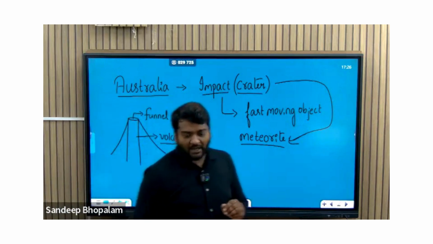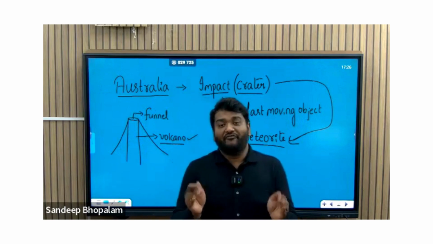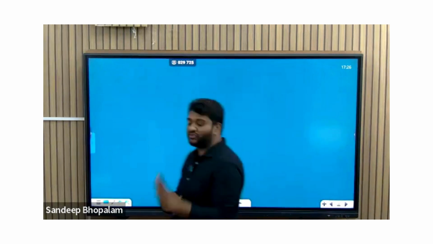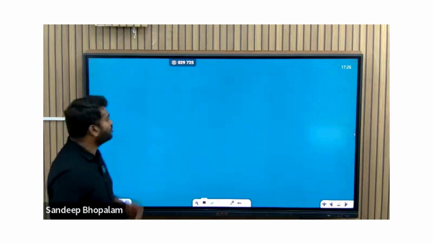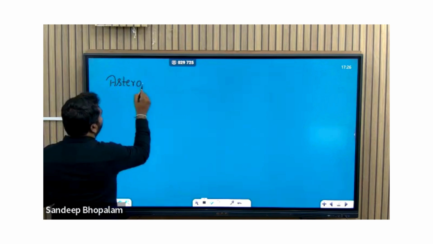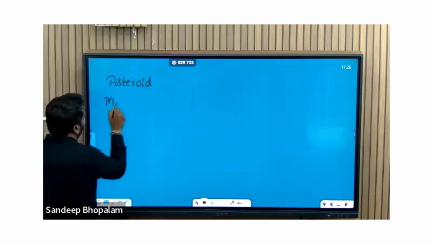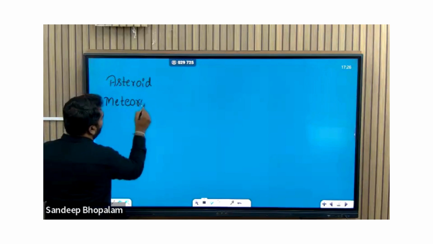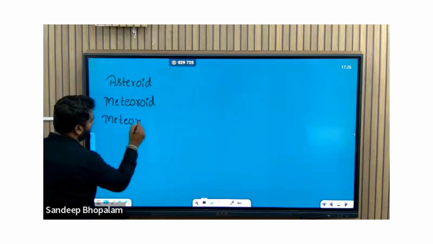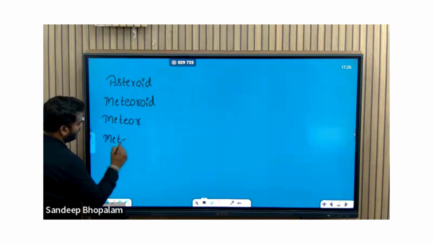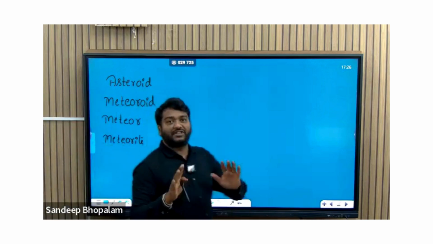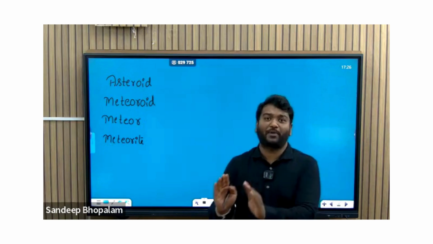Second important aspect, these craters, when they are formed from meteorite, I want you to know at least 3 to 4 times UPSC has asked the question, what is the difference between asteroid, meteoroid, meteor? At least 3 to 4 times they have asked this question in prelims.